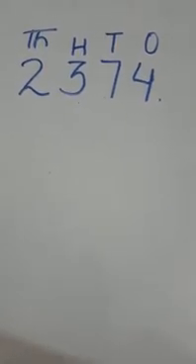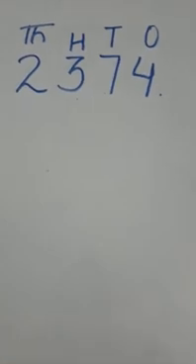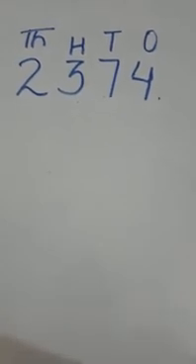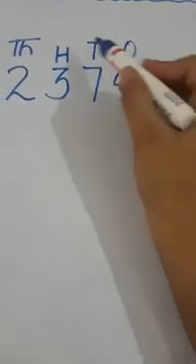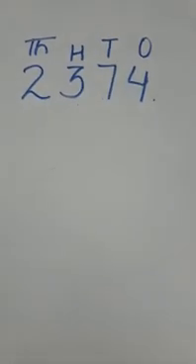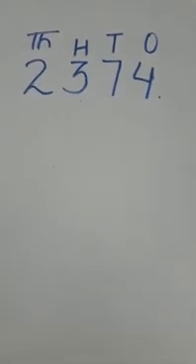Next, we have learnt in this chapter about the place values. Place values can be written accurately with the help of places. Our first step here again is to put the places on the number: ones, tens, hundreds, thousands. Now, if someone asks you, what is the place value of 3 in this number?